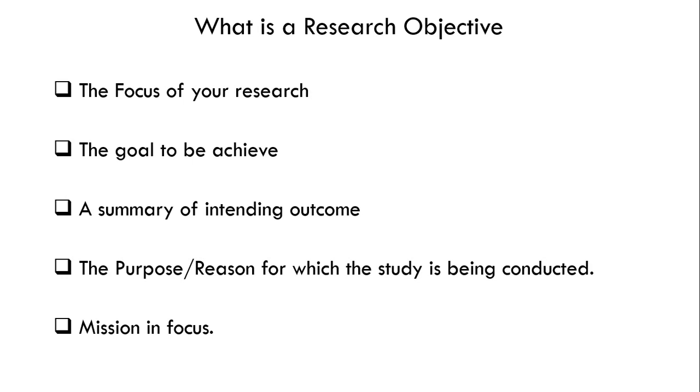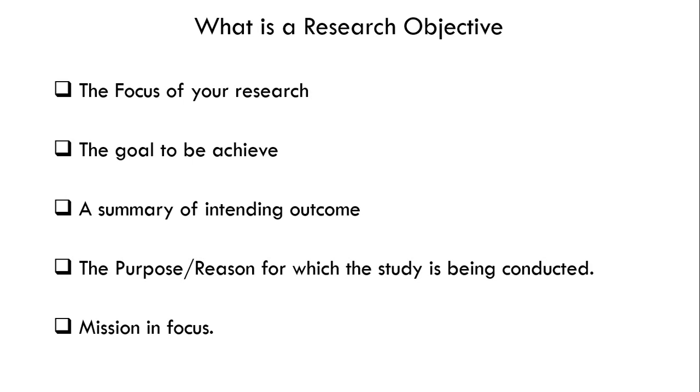Thereafter, we can also say that understanding research objective is a summary of the intended outcome you want to have from writing the research. That is what you intend to focus on in order to have an outcome for prediction purposes.